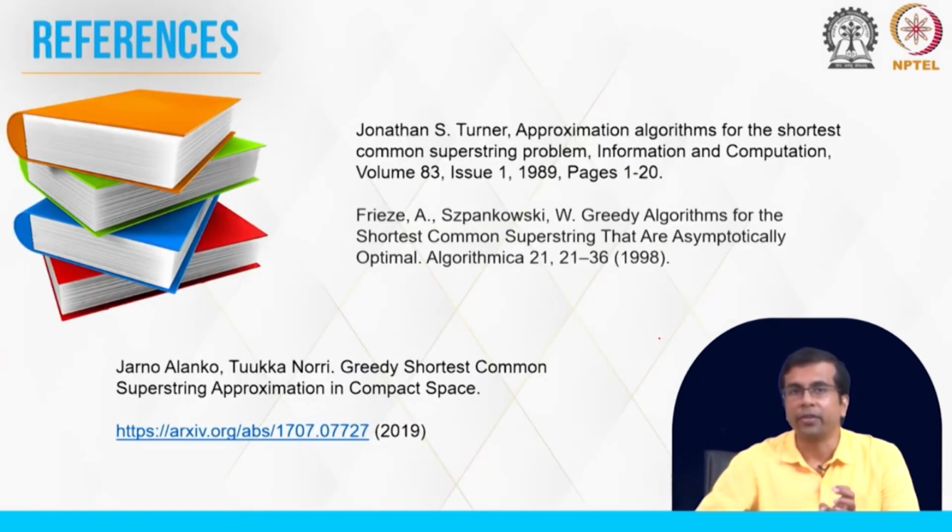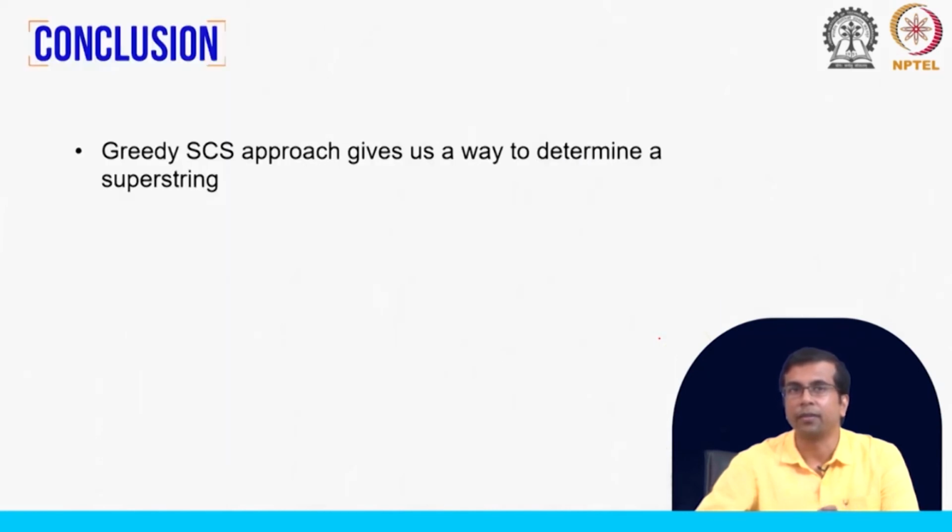So, here are the references for this class. To summarize, we have discussed the greedy SCS approach, and we have seen some examples of how we go about this greedy approach using the overlap graph or just strings, and this gives us a way to determine the superstring.